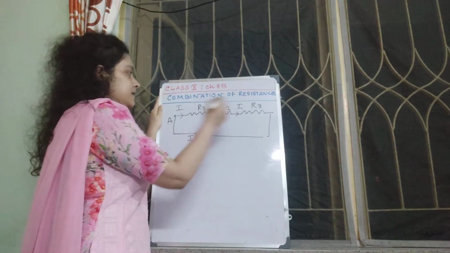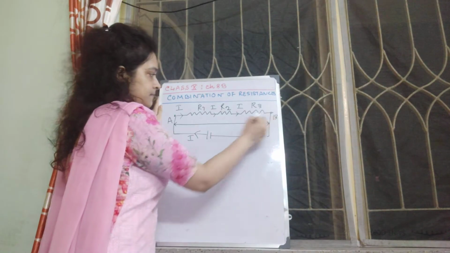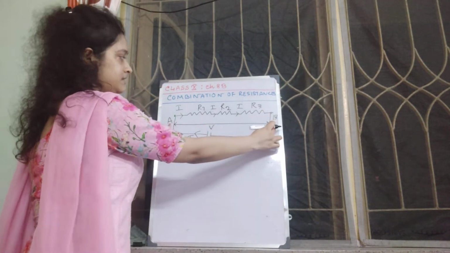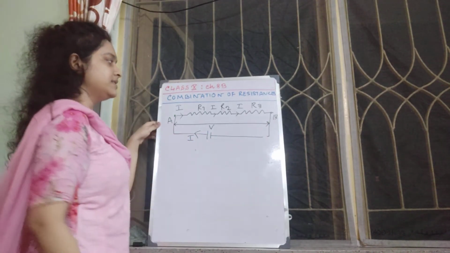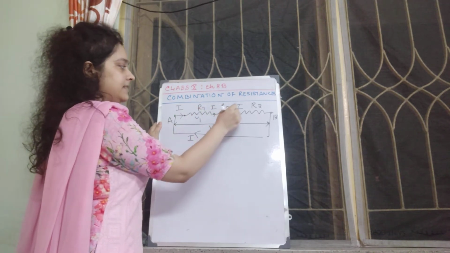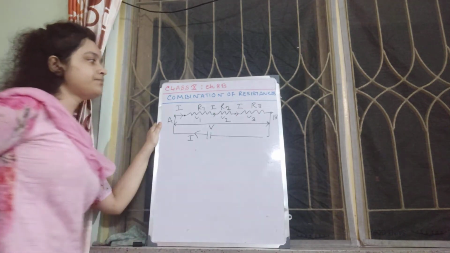But the potential difference across the 2 terminals, V, is equal to the potential differences across this resistance, say V1, then this one, say V2, then this one, say V3.